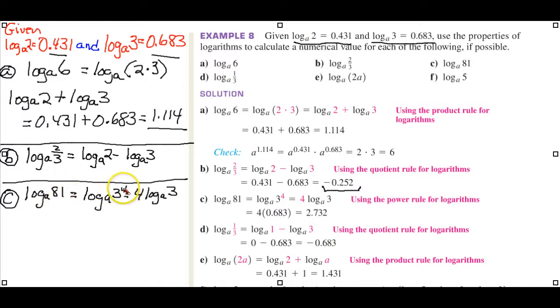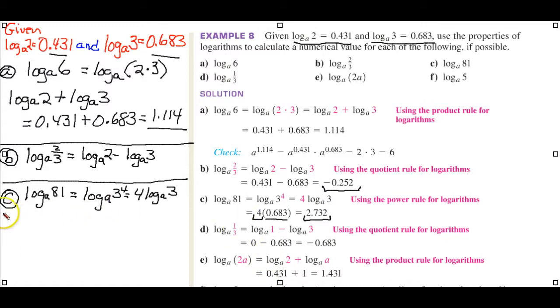And we write that by putting the exponent out in front of the log base A of 3. So now that we know what we're doing, we do have a value for 3 up here, which is this, that we're now going to multiply by the 4, and then we get a value.